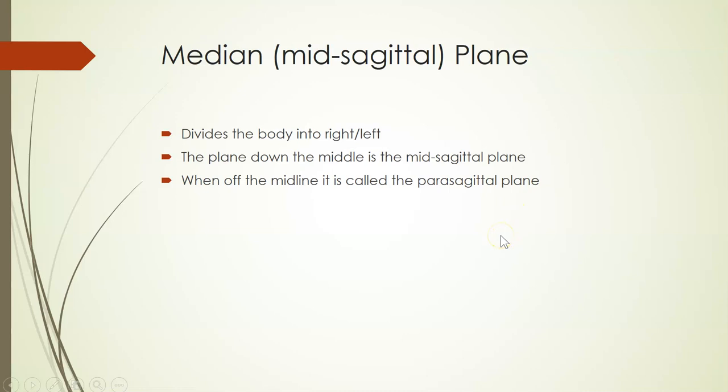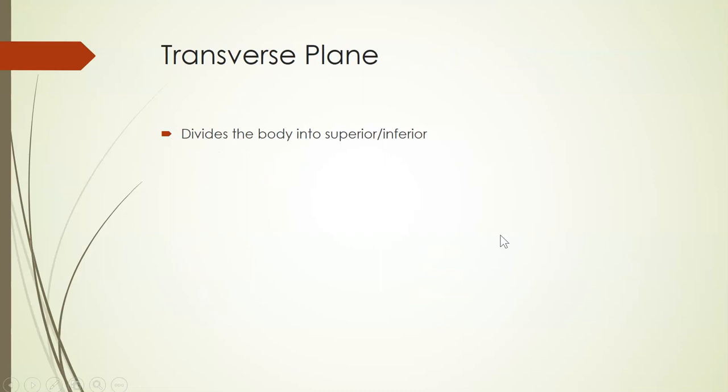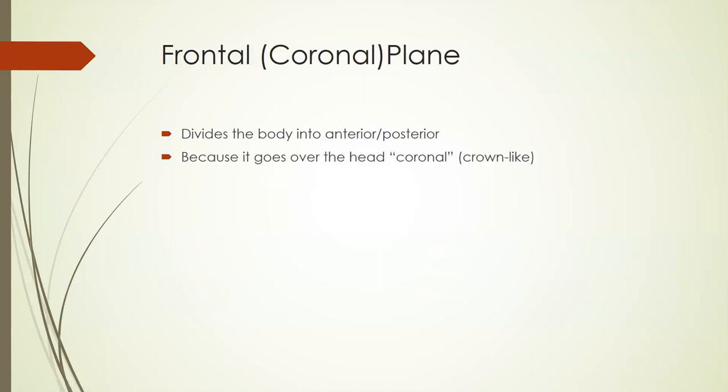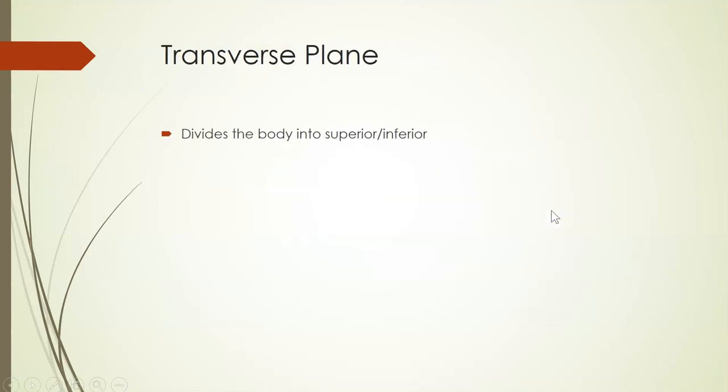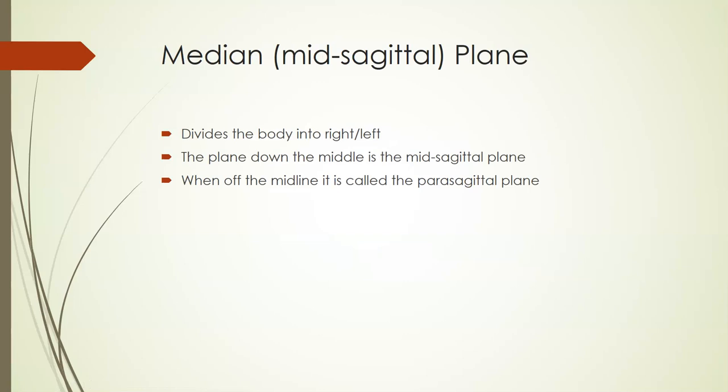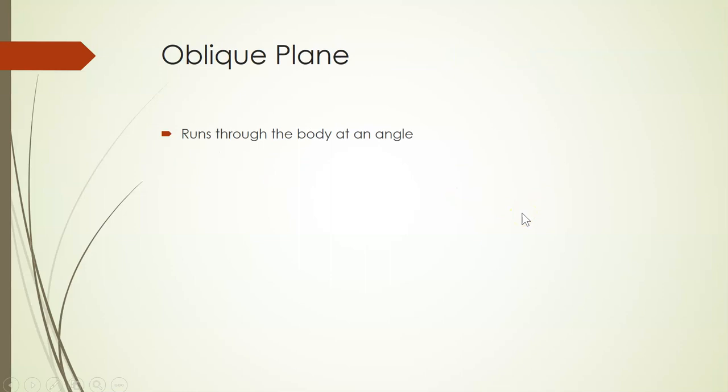Down the middle is the mid-sagittal plane. Anything not in the middle is the parasagittal. The transverse plane divides the body into inferior, superior. The coronal plane divides the body into anterior and posterior. That should be a review for pretty much all of you, having done it through the A&P class.